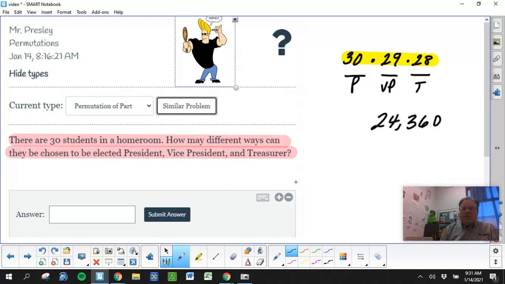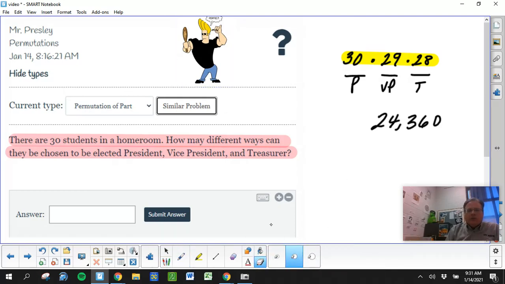You wouldn't think that out of a room of 30 people you could come up with that many possibilities, but it really is the case. You think about president, there's 30 different choices for president, followed by 29 different choices for vice president. And if you try to draw a tree diagram, you'd be going crazy. So the quicker way for a permutation is just to multiply. And so we would type that without the comma, 24360, and hit submit answer.